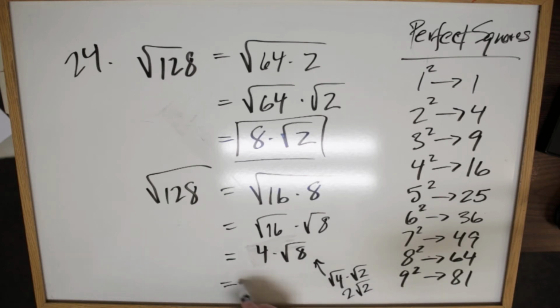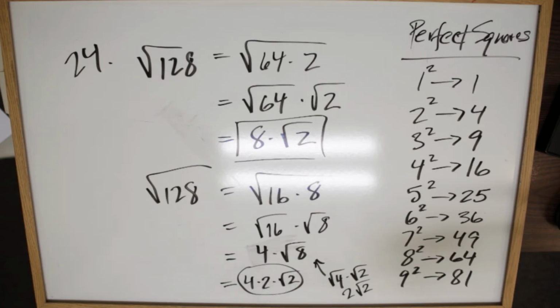So really what this is right here is 4 times 2 times square root 2. Now notice that this and this up here is exactly the same thing. 4 times 2 is 8, and then what's remaining inside is that square root of 2. Okay, so that is something to keep in mind, super important.